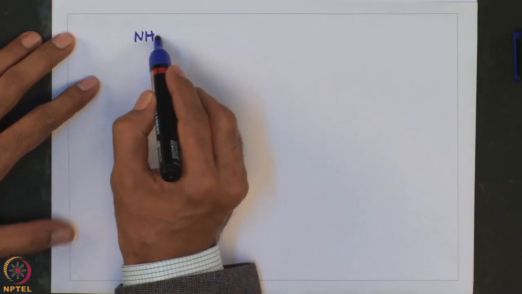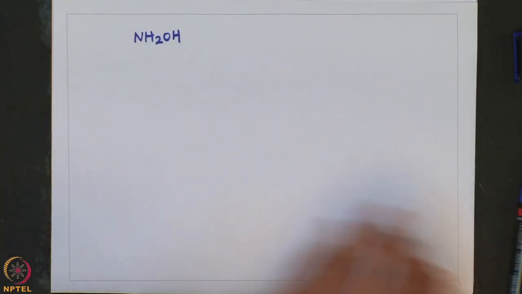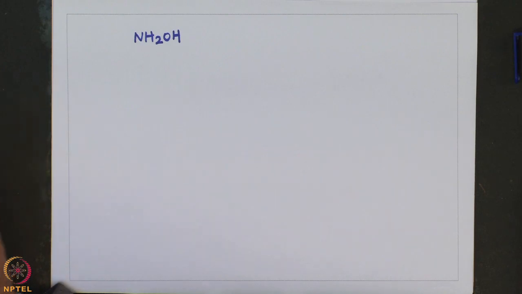And hydroxylamine is a colorless hygroscopic solid with a low melting point of 32 degrees centigrade. There are several routes to synthesize hydroxylamine, that is NH2OH, which is usually handled as a salt, preferably sulfate, in aqueous solution.